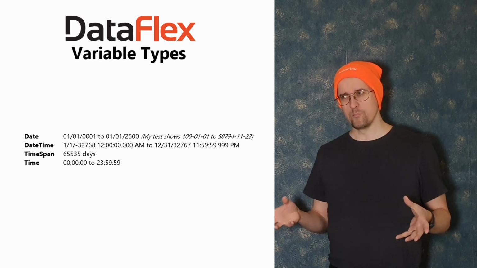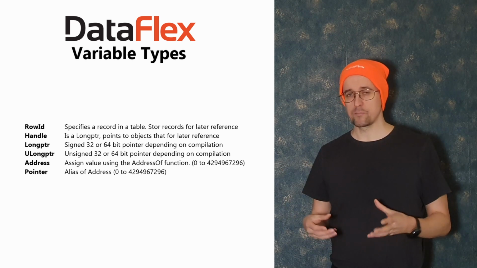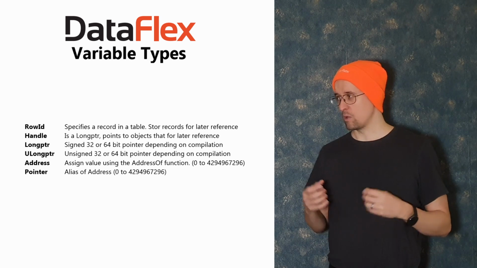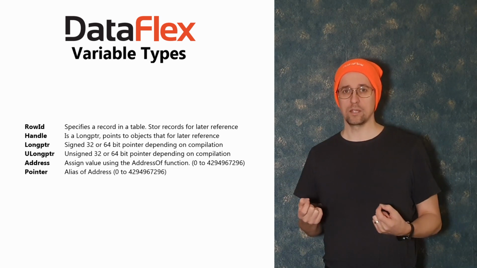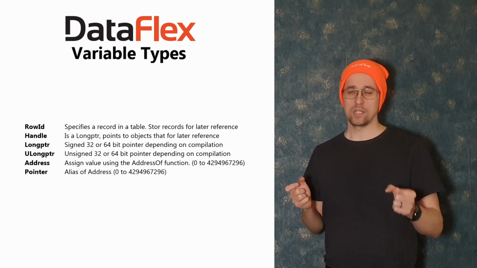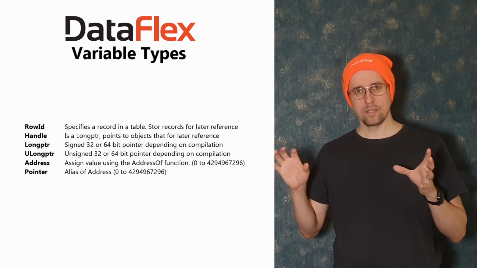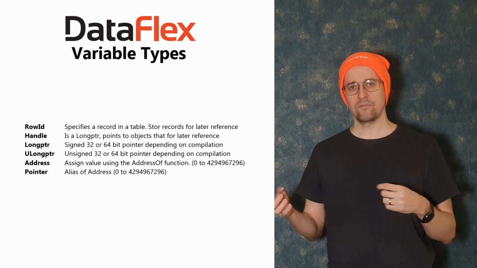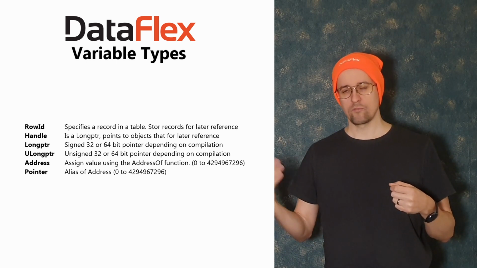Then DataFlex also has some special variable types that we haven't really looked at. One of them is row ID, which you will see quite a lot if you look in DataFlex code, because row ID is used to reference the record in the database. And DataFlex is a record-based framework.